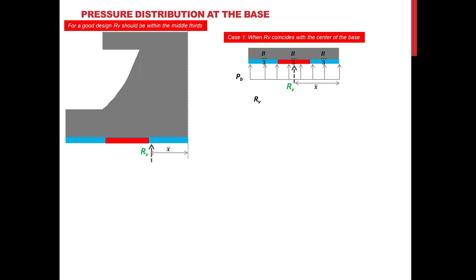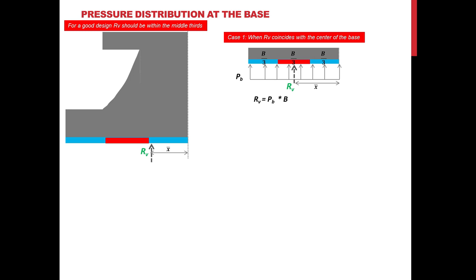Therefore, from the formula of pressure equal to force all over area, RV is equal to the force or the pressure at the base times the area, which is B times 1. So the base area is actually the unit segment or 1 meter strip times the width of the dam.